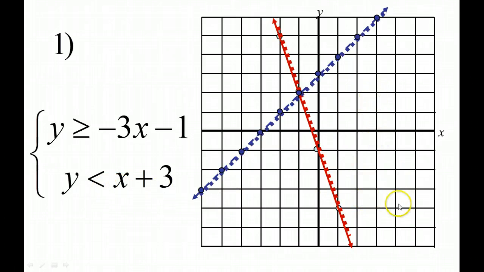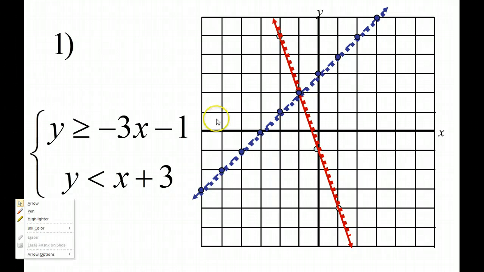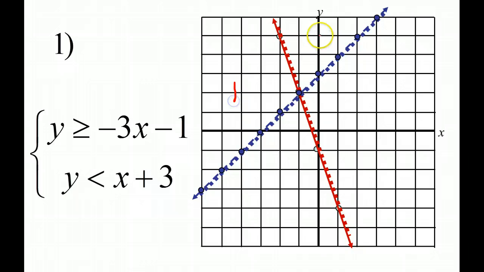Okay? So, what is the feasible region? Can everyone visualize where it is? Let me get that vote going. Here we have zones 1, 2, 3, and 4. Show me on your fingers which zone is the solution area.